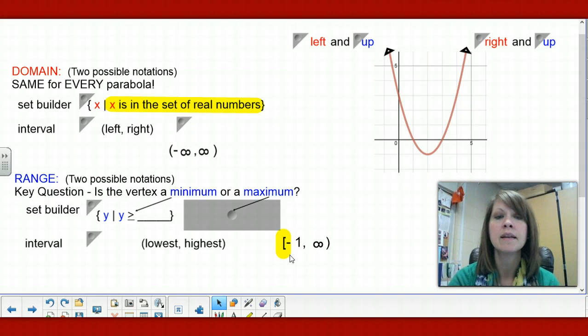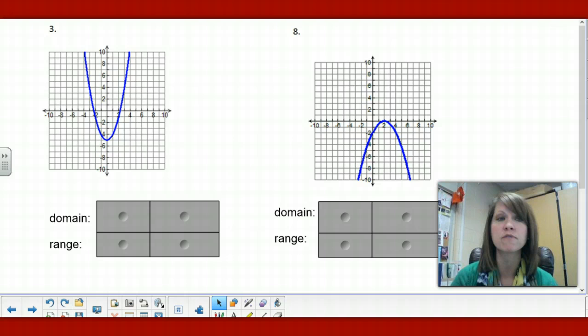Now, I'm going to pop back here in a second to talk to you about maximum. But let's do a couple of examples from the big vertex form packet that you've been working on. It had the understanding questions as 1 through 8 on the front, and then you opened it up and you had these graphs. These are graphs 3 and 8 from that.